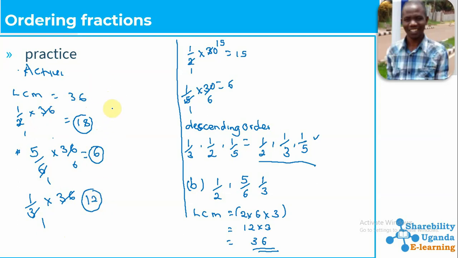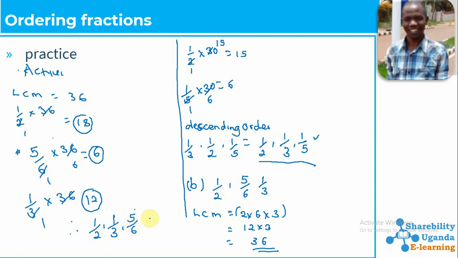So which one is the biggest? We want to arrange them accordingly. Therefore, from the biggest to the smallest, we have 1 out of 2 as the biggest, then we have 1 out of 3, then 5 out of 6.